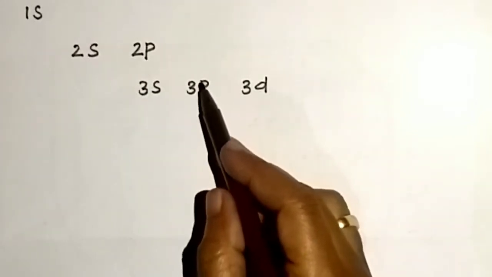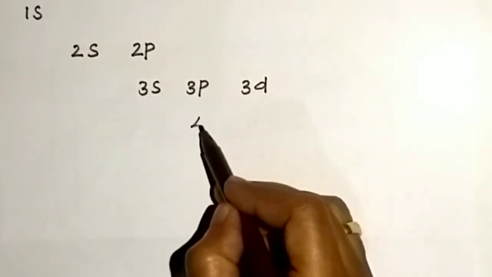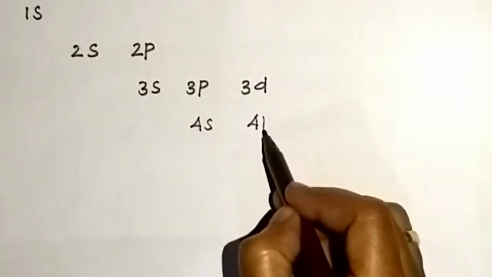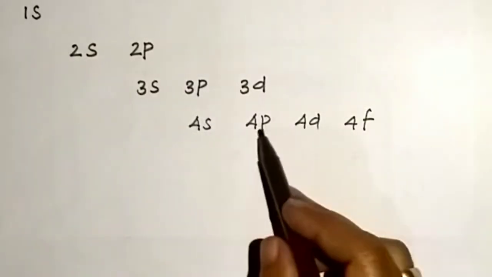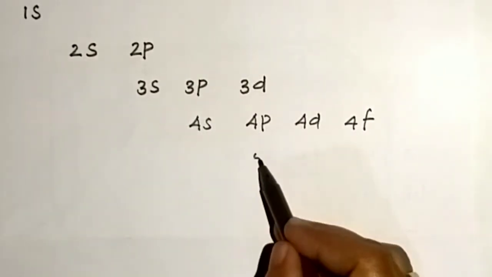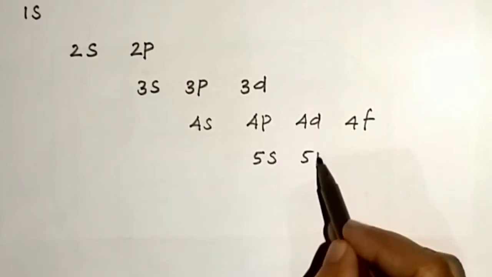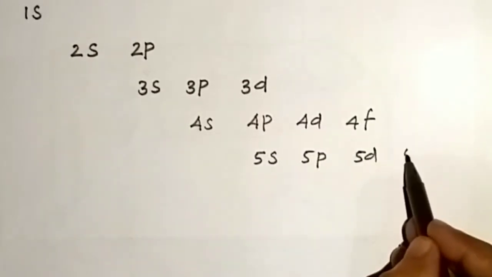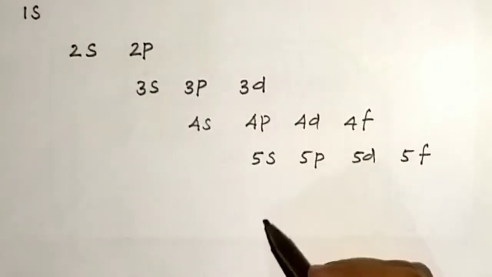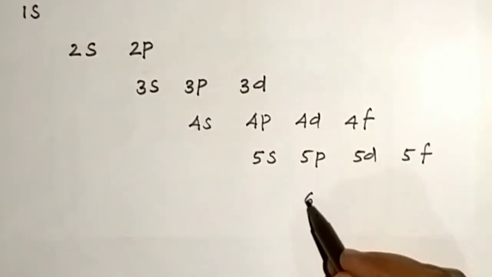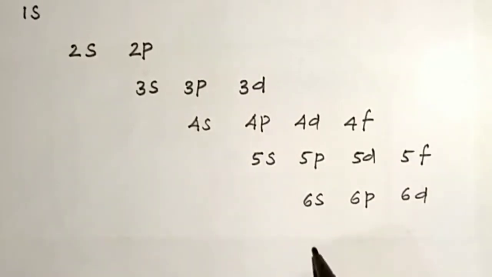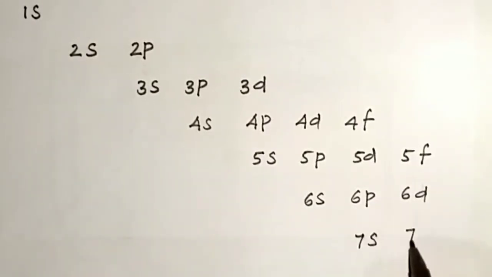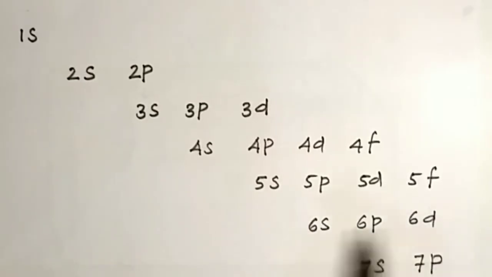Then at the bottom of 3p write 4s, 4p, 4d, 4f. Then leave the bottom portion and write 5s, 5p, 5d, 5f. Then leave the bottom portion and write 6s, 6p, 6d. Then leave the bottom portion and write 7s and 7p. It is continuing, easy to draw. We limit this up to 7p.